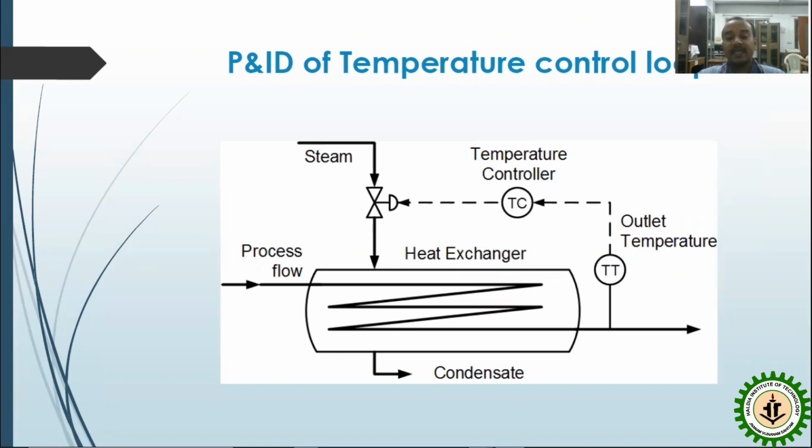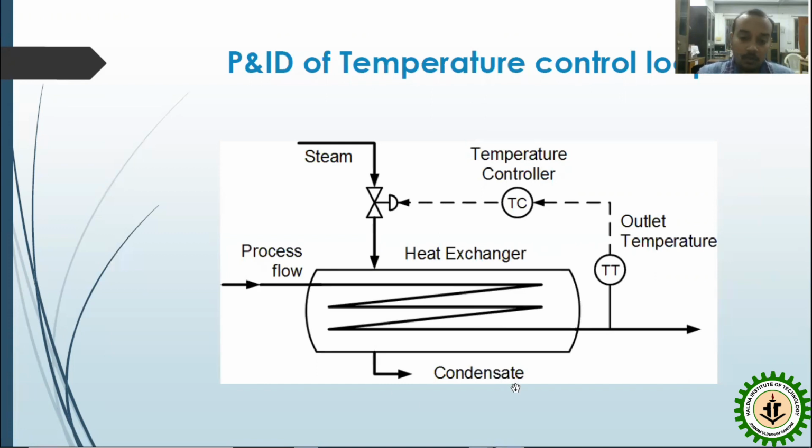Now, we are taking four examples through which try to get the idea about the loops using the P&ID diagrams. So first of all, the P&ID of a temperature control loop, we show it to you over here, in which a process is flowing through this chamber, which is a heat exchanger, in which the temperature is increased by the steam, and after the heat is exchanged to the process, the steam will condense.